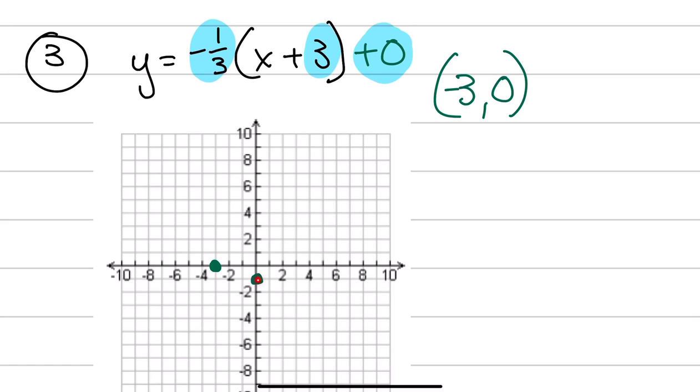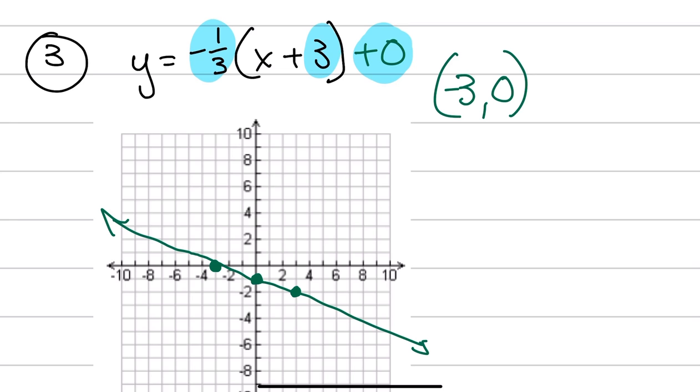So I'm going to go down 1 over 1, 2, 3 again right here. All right, 3 points, so we're going to draw a line. And that is that one.